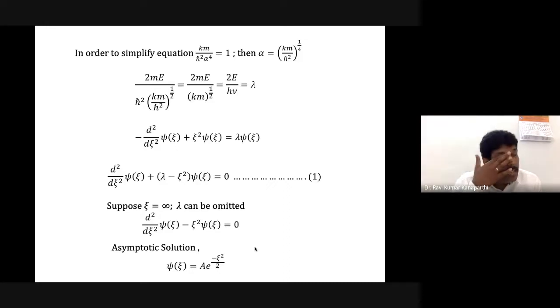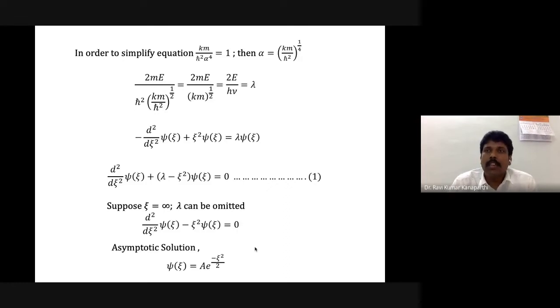So that means we have introduced a boundary condition with regard to the simple harmonic oscillator, wherein whatever solution we are going to obtain has to satisfy one boundary condition: as we move away from the oscillator, especially at larger displacement, the wave function corresponding to the simple harmonic oscillator should vanish.